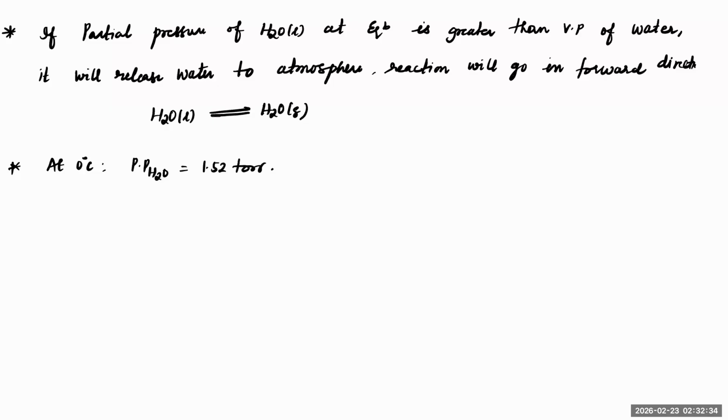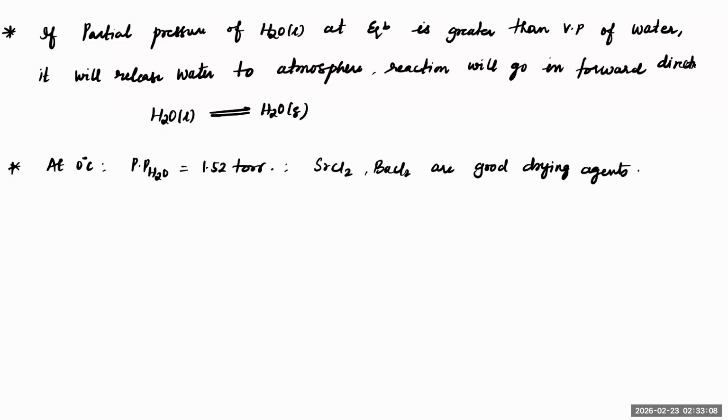Till that time, the reaction will go in the forward direction. Once it becomes 1.52 torr, it will be at equilibrium. If the vapor pressure in the atmosphere is greater than 1.52 torr, then it will go in the backward direction. Correct? Now, usually we will say that SrCl2, or for that matter BaCl2, are good drying agents.